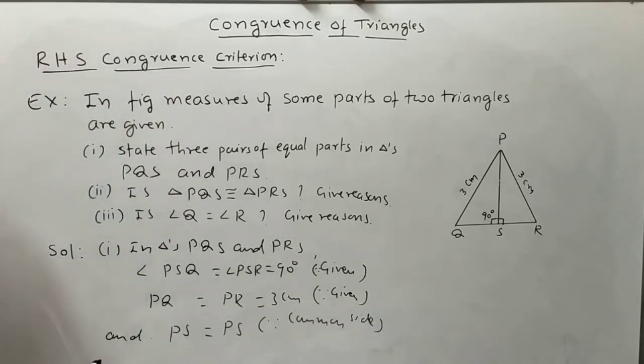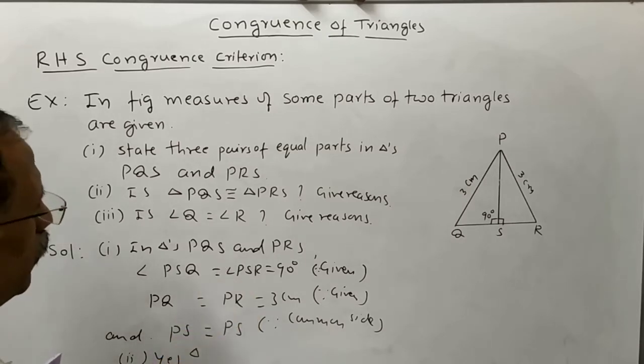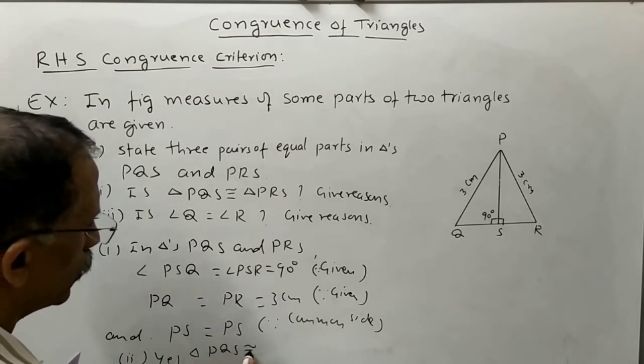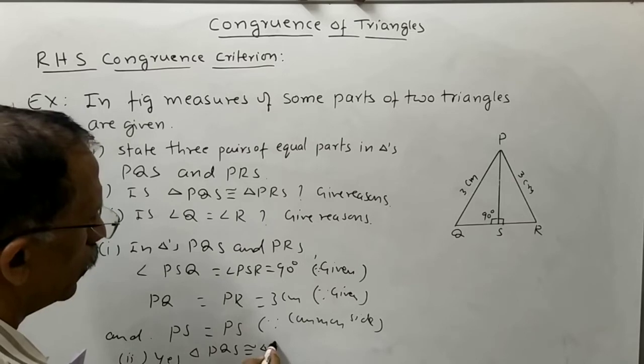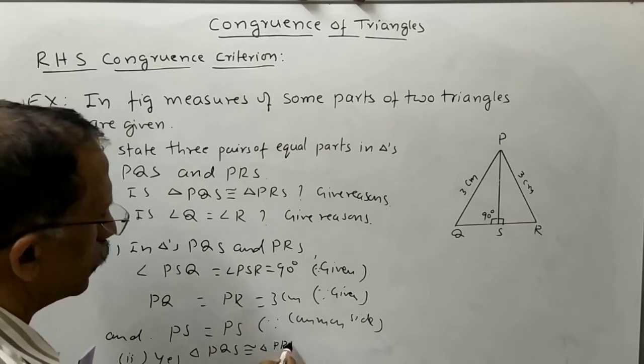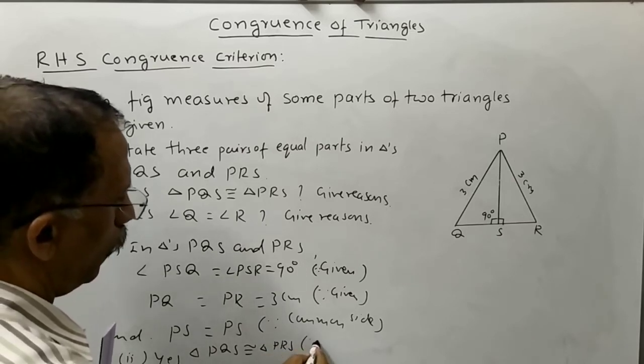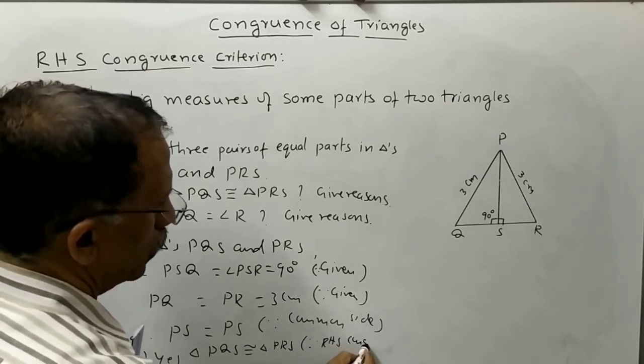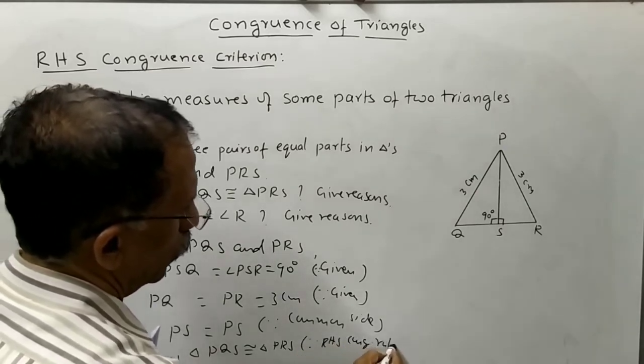Therefore, triangle PQS is congruent to triangle PRS by RHS congruence rule.